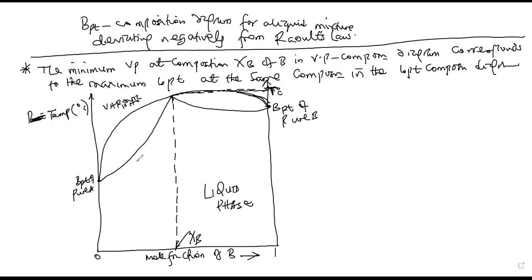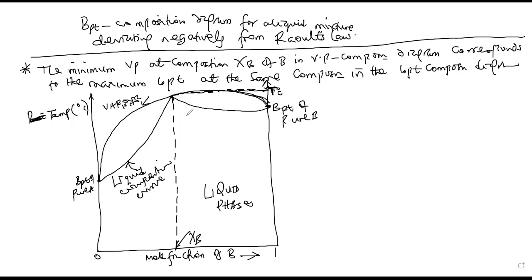This is the liquid composition curve, and this one here is the vapor composition curve. So that is the boiling point composition diagram. Now, I'm going to explain what it shows, then we look at the fractional distillation.